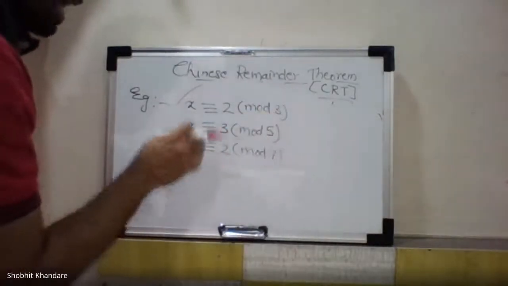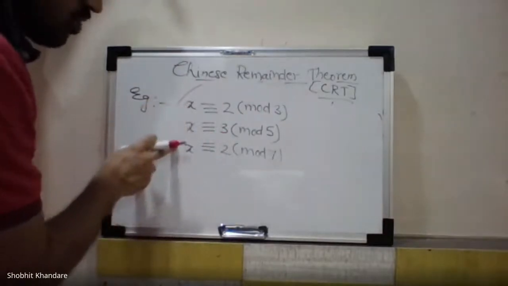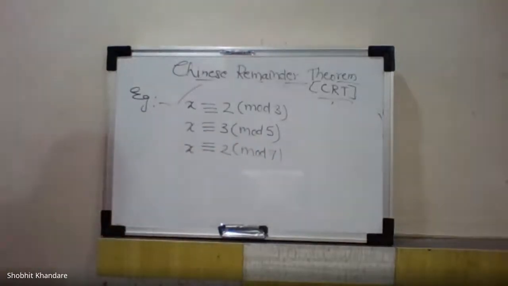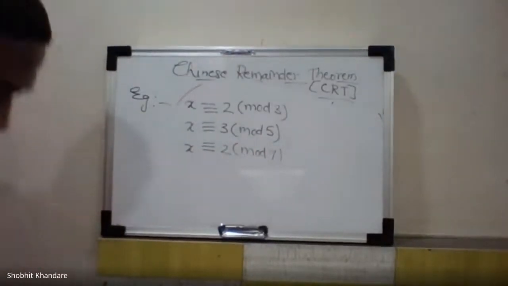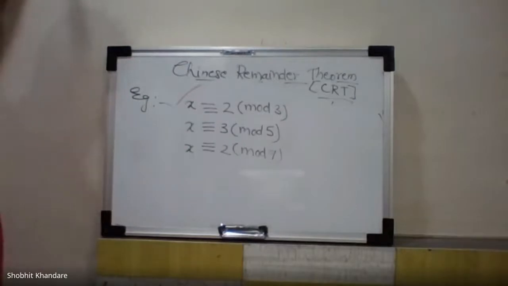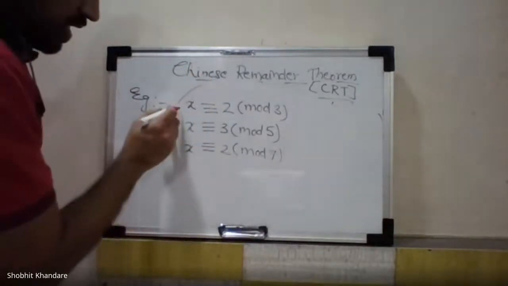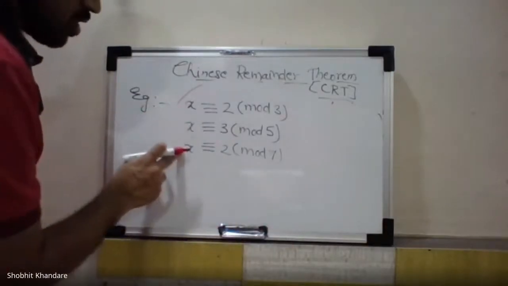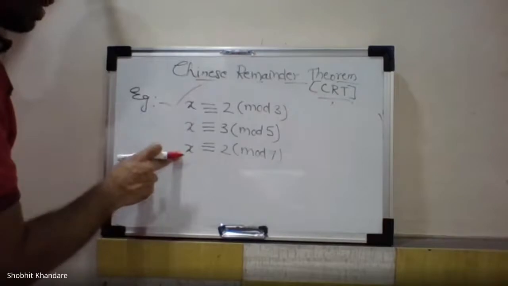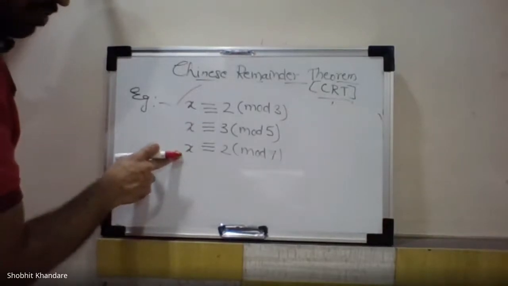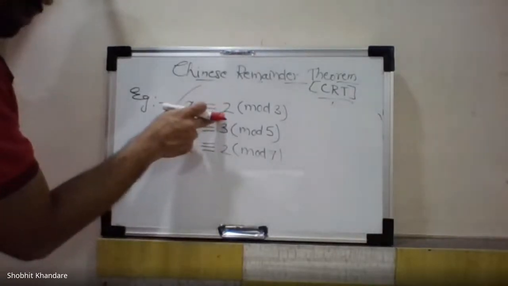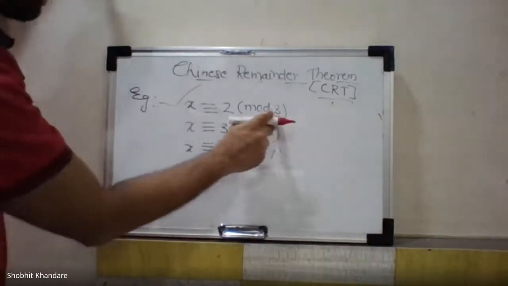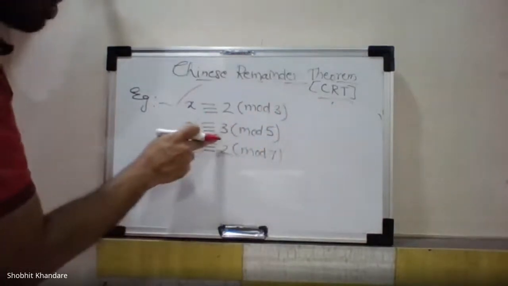Now here I want to find the value of X. The value of X should be such that, pay attention to what I am saying, when we divide X by 3, the remainder should be 2.